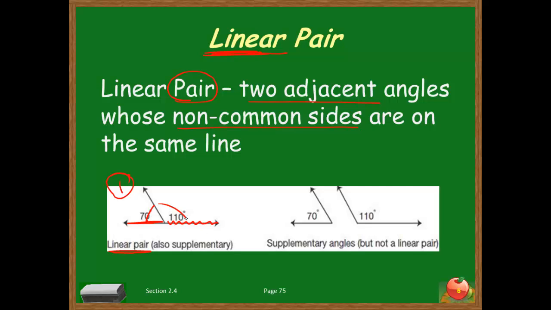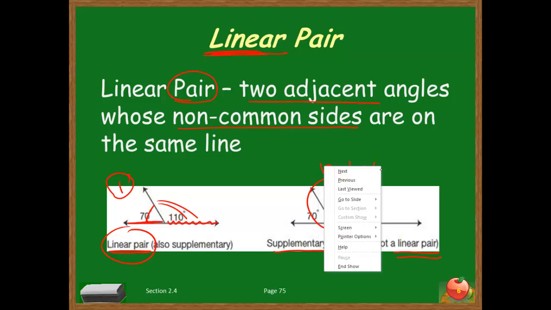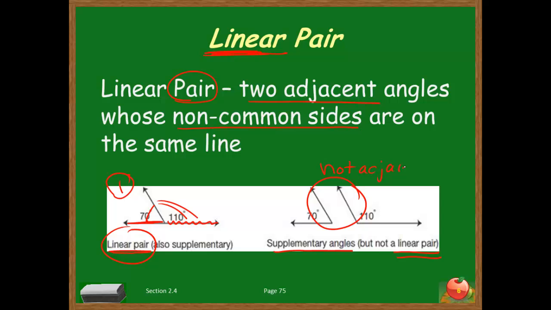So these two angles are a linear pair. These two angles are supplementary, but they are not a linear pair because they are not adjacent. So they must be adjacent and make a single line.